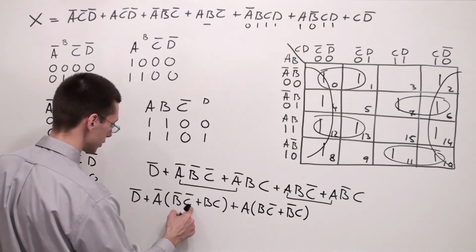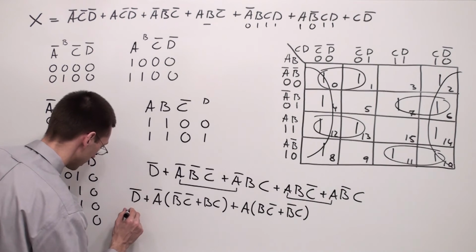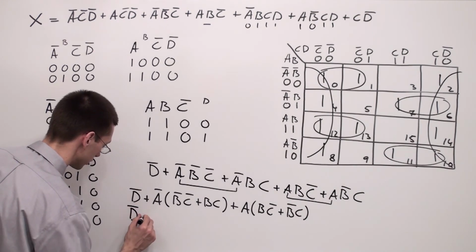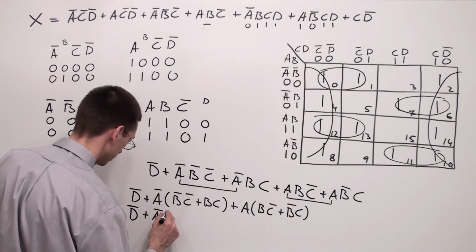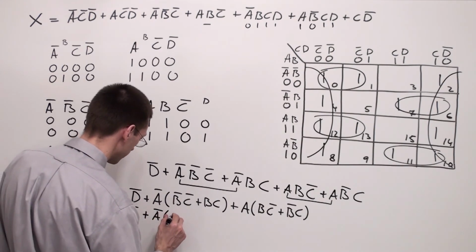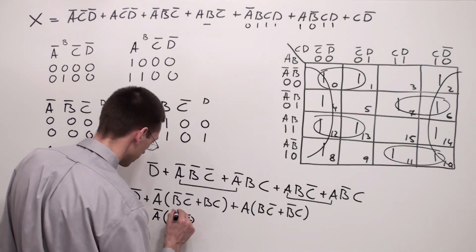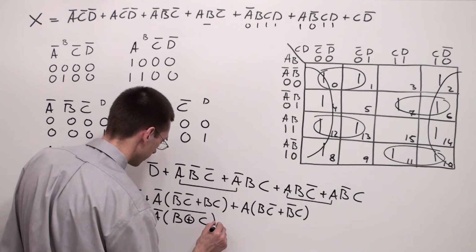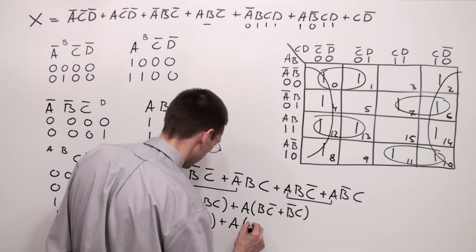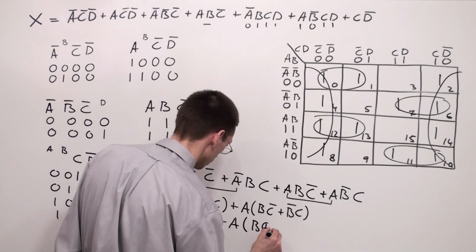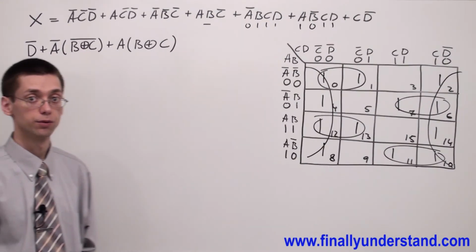Please notice that this is exclusive NOR. This is exclusive OR. That's why I'm going to have D naught or A naught, and I have B exclusive NOR C, or A and I have B exclusive OR C. Let's continue.